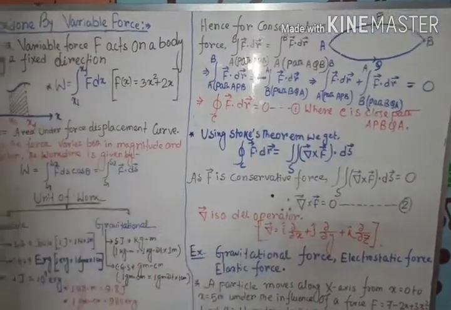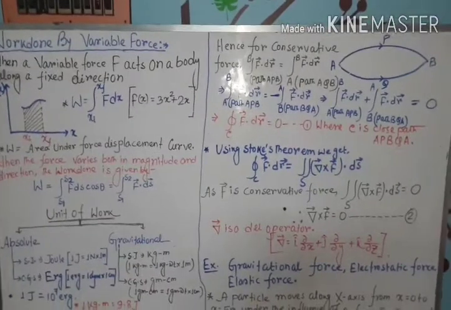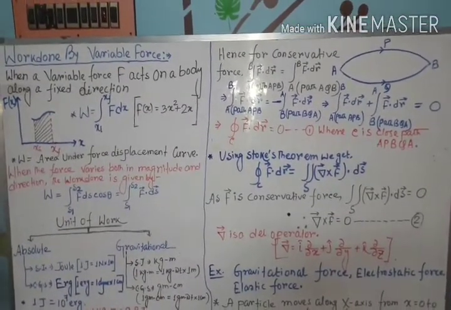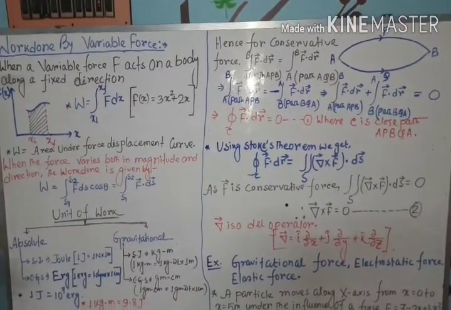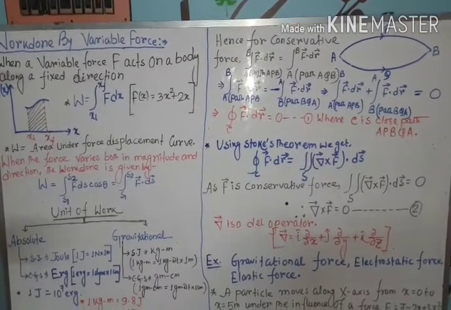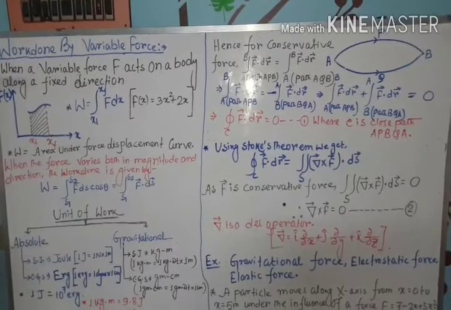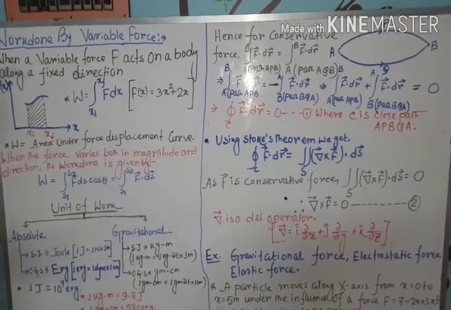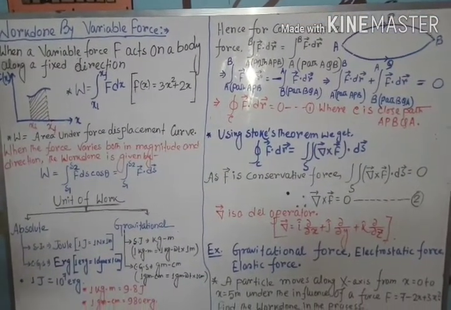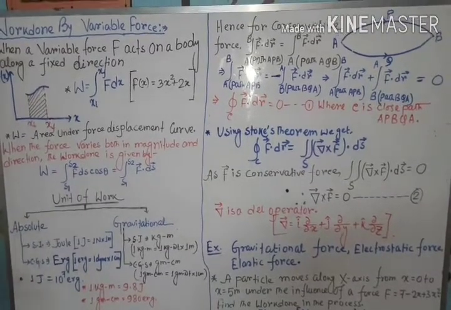So a force is said to be conservative if the work done under this force in displacing an object from one position to another depends only on the initial and final position, not on the nature of the path followed.